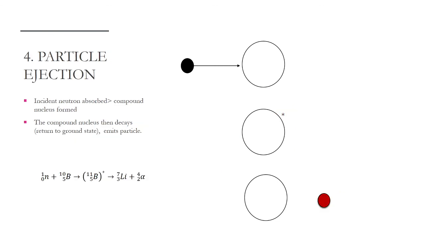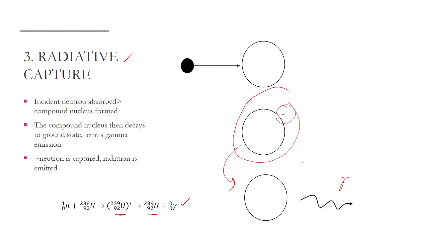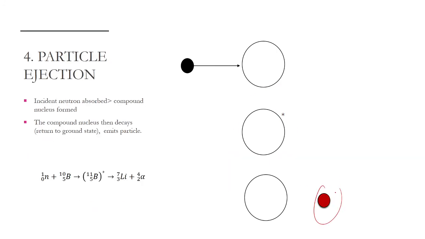For particle ejection, instead of emitting gamma ray like in the radiative capture, the particle ejection is ejecting a particle. The obvious example is when you bombard boron with neutron.